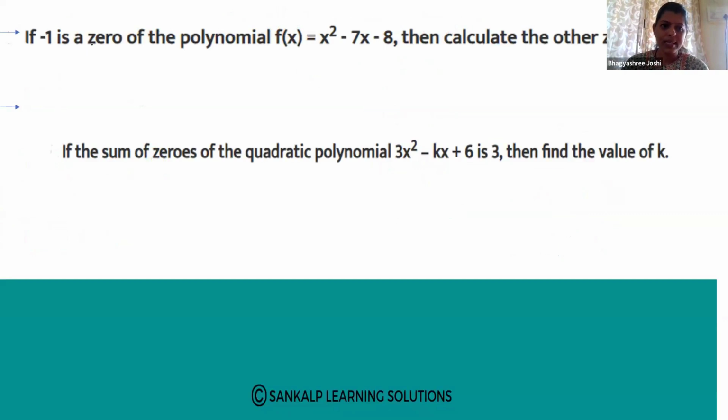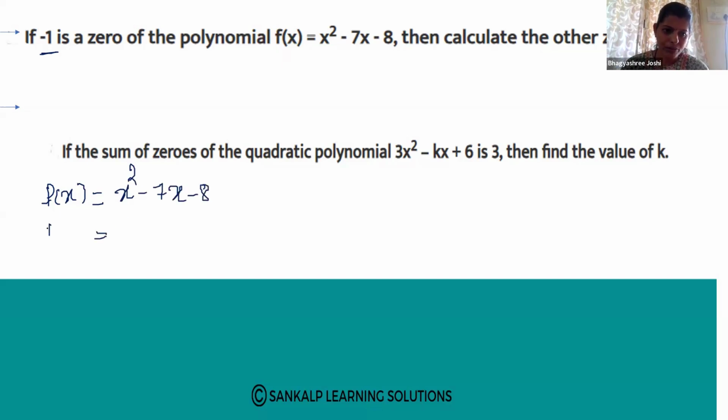If minus 1 is a zero of the polynomial f of x is equal to x square minus 7x minus 8, then calculate the other zero. So one zero they have given, we need to calculate the other zero. So one zero is minus 1. So f of x is equal to x square minus 7x minus 8.